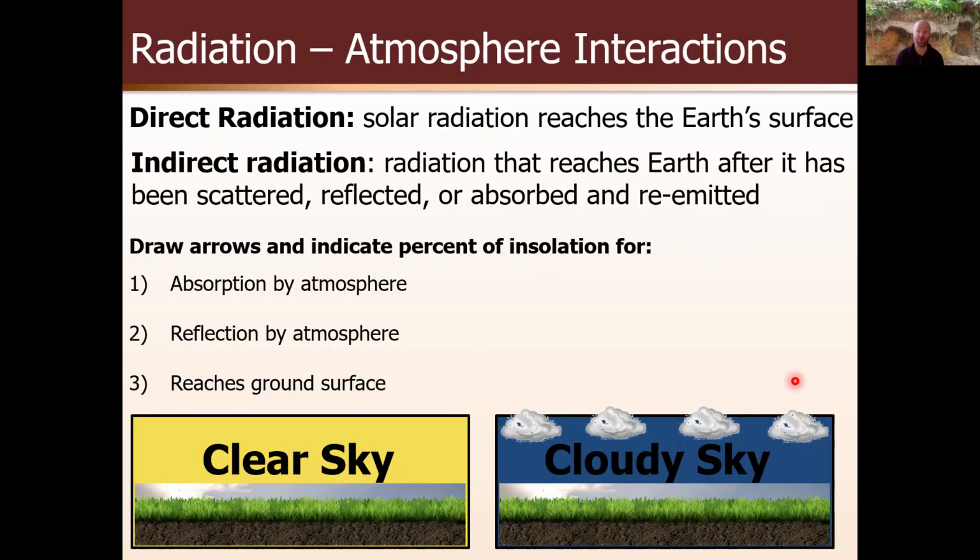Now let's think about direct radiation, solar radiation that reaches Earth's surface. Whereas indirect radiation is radiation that reached Earth's surface after it had been either scattered or reflected or absorbed and re-emitted.